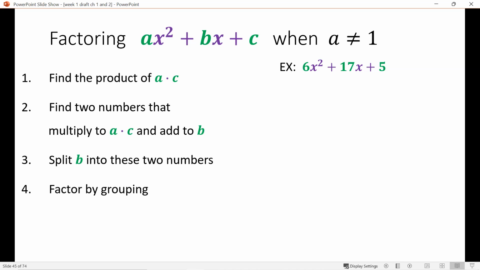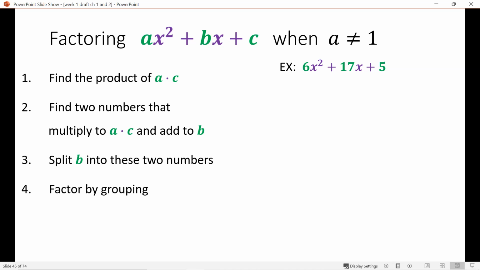What we want to do is break up that 17x into something that adds to 17x, like 10x plus 7x. But we want those two pieces to specifically factor by grouping with our 6x squared and with our 5.